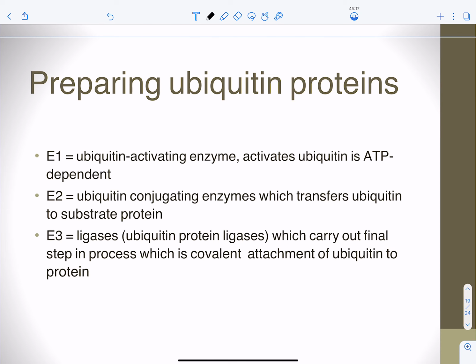So in order to be ubiquitinated, you have to prepare the ubiquitin proteins. Ubiquitin proteins are always going to be cleaved at the C terminus, and it's via an exposed diglycine motif.